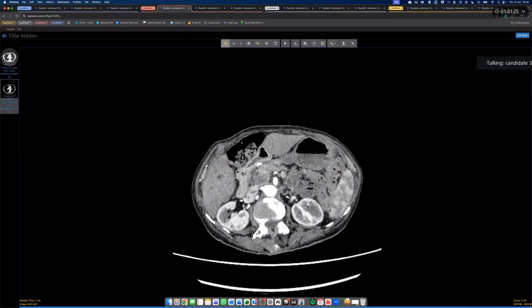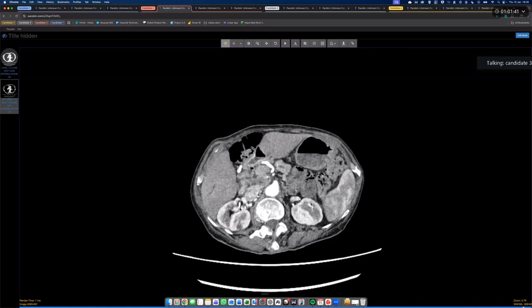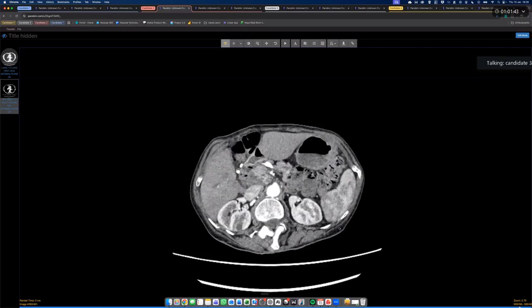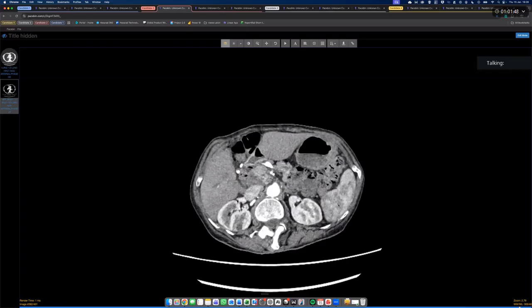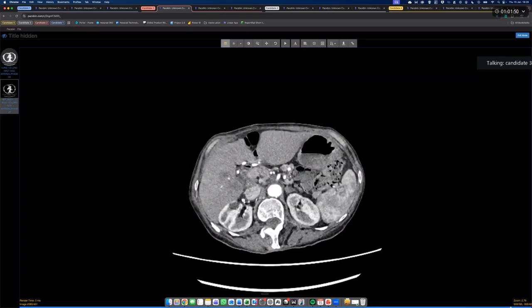Based on this, it is an aggressive lesion within the liver, which is causing intrahepatic biliary radical dilatation. I'm trying to look for any lymph nodes in the periportal region, which could be metastatic, and for any capsular retraction.